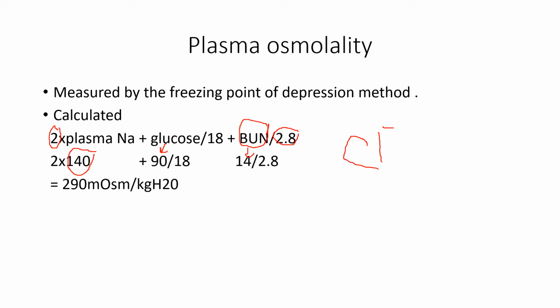Now, the question is why we divide by one tenth of the molecular weight. Why do we use 18 in the case of glucose instead of 180, and 2.8 in the case of blood urea nitrogen instead of 28?